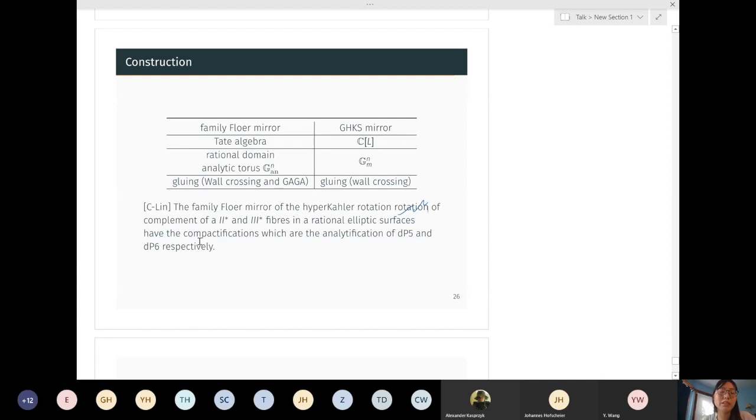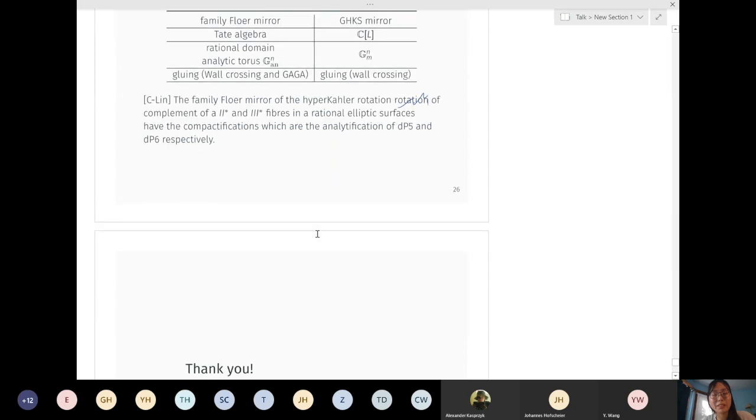The mirror of them is basically what we demonstrate in the A2 or B2 example. When we do the same construction, it has a compactification; it's the analytic way to see this dP5 and dP6. But this construction is not compactified, and the compactification comes from dP5 and dP6.